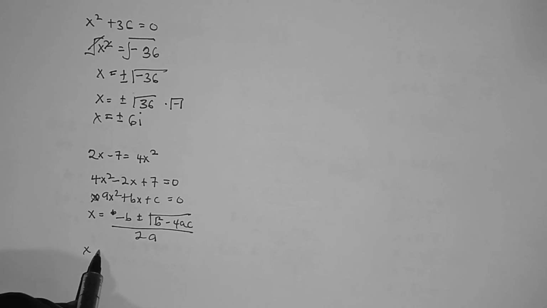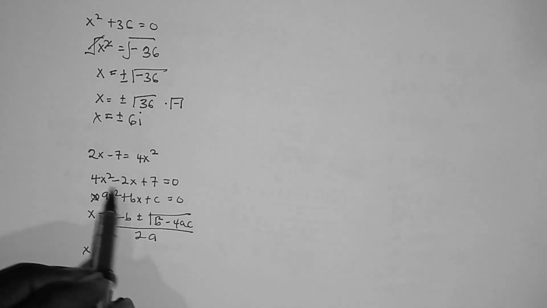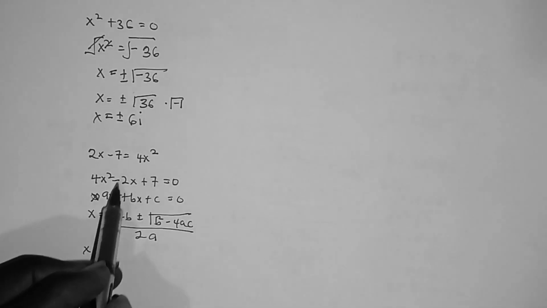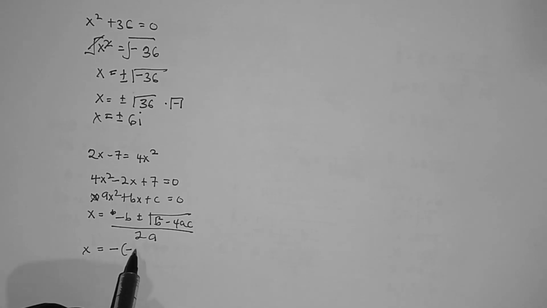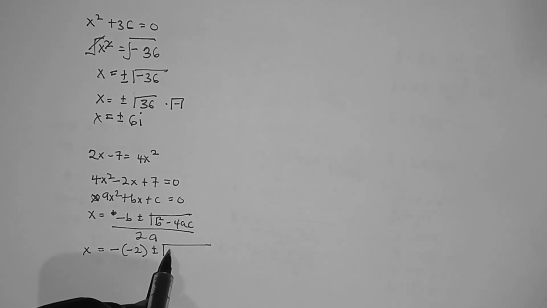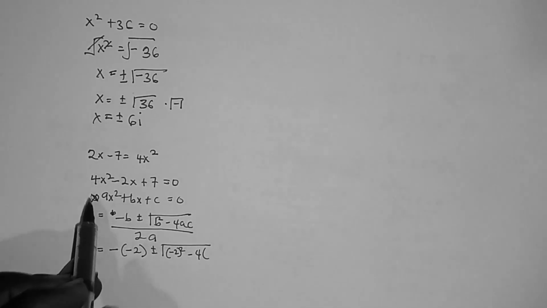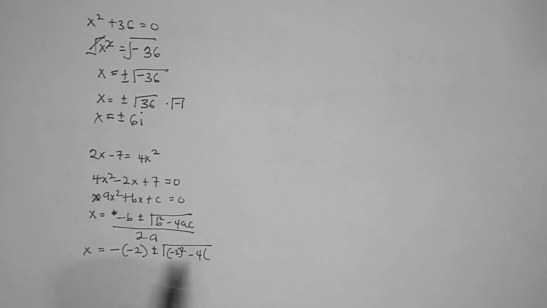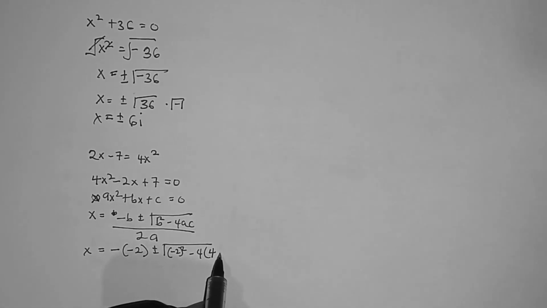So x is equal to minus b, b is minus 2, so minus minus 2, plus or minus square root of b squared, which is minus 2 squared, minus 4 times a. In this case, a is 4. Then times c, which is 7.